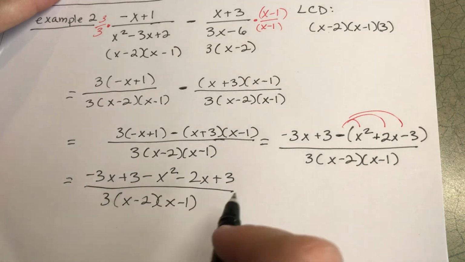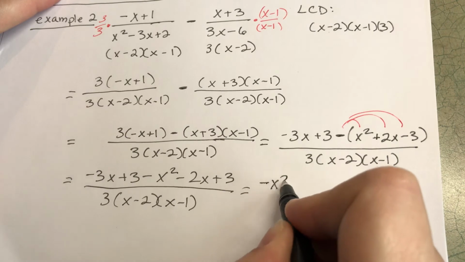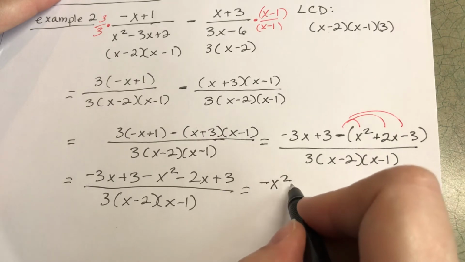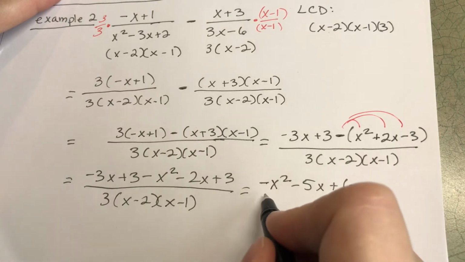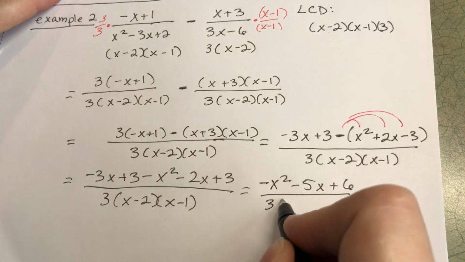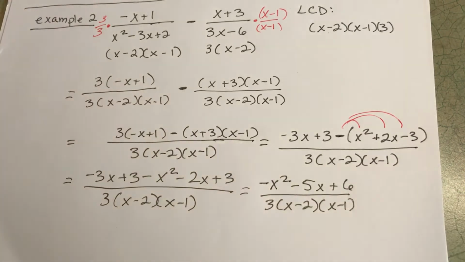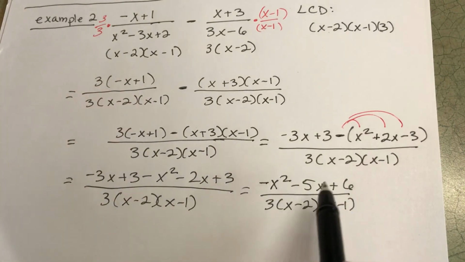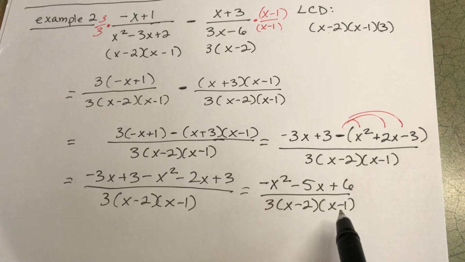And then simplify that, combine like terms. So I get negative x squared minus 5x plus 6 divided by 3 times x minus 2 times x minus 1. And then I can factor this.